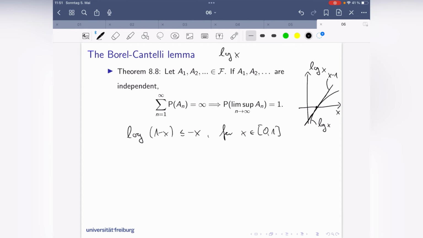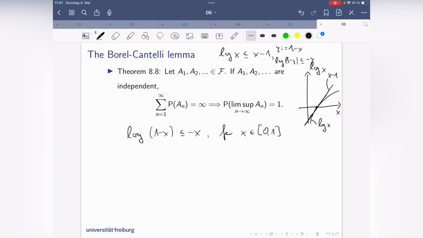And now we say, let's define y as 1 minus x. Then we have log(1 minus y) is more or equal to minus y, just by changing the parameters, which is this here when I change back the y to the x. So, okay, that's calculus, and we need it in the following calculation.